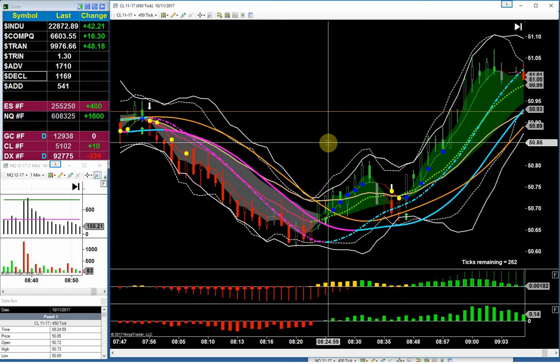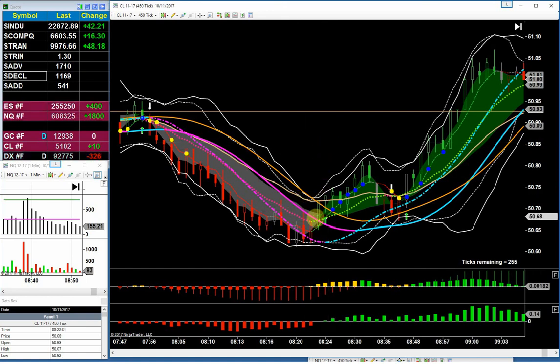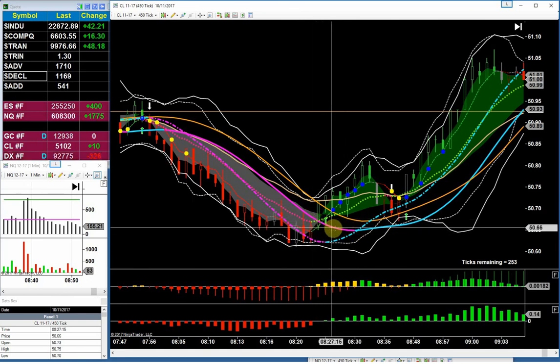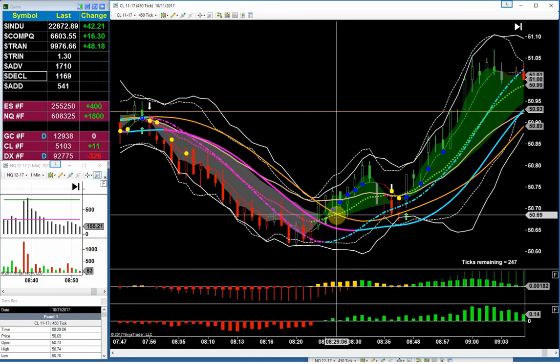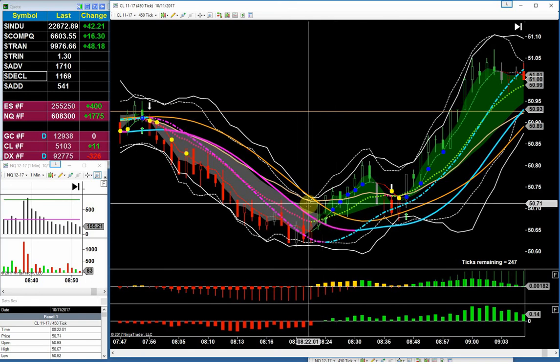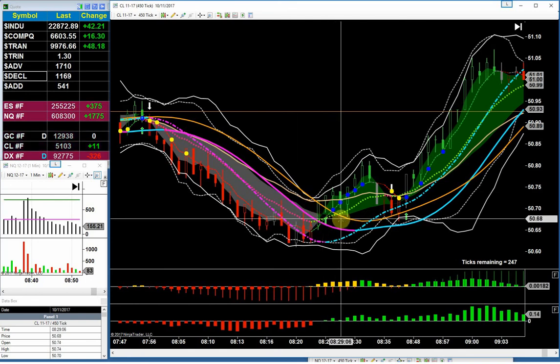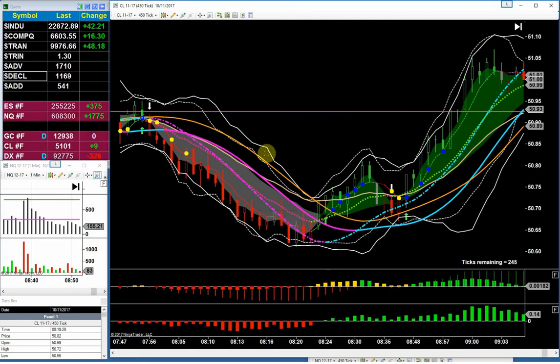Well, what the enhanced method does is it says if you have the Cobra crossing the dynamic trend band number 2, which is flattening, you can take that as long as the two colors are matching, which in most cases they will, and especially if you see the Cobra crossing this orange filter line.